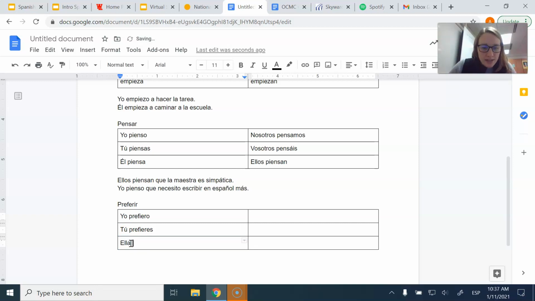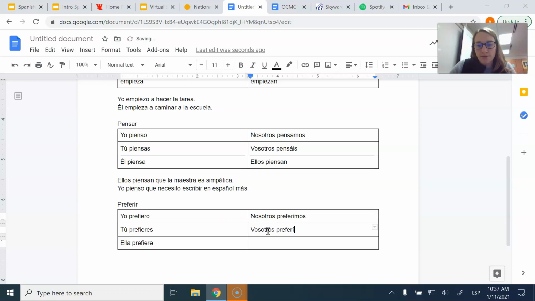We'll use ella this time. Ella prefiere. Nosotros prefiremos. Actually, it's an I ending verb, so it would be preferimos. Remember, the IR and ER endings have all the endings the same except for the nosotros and the vosotros.